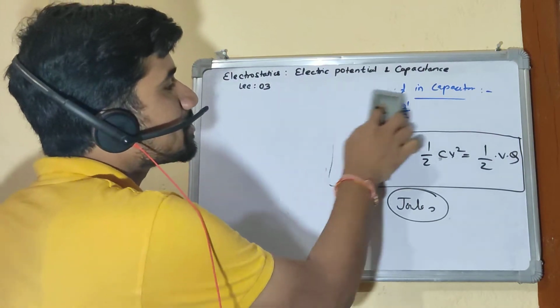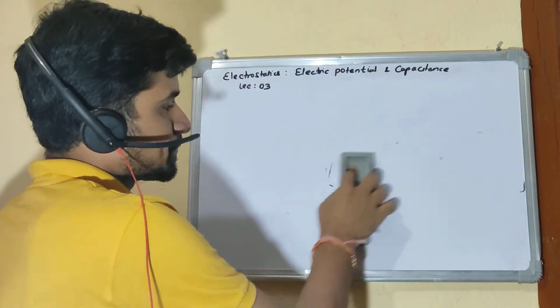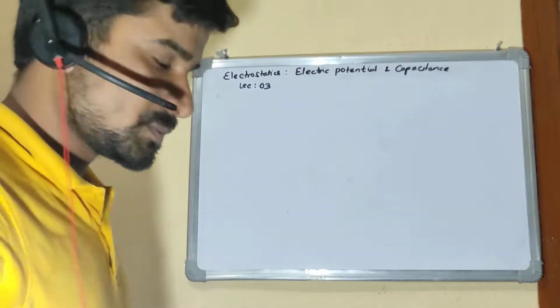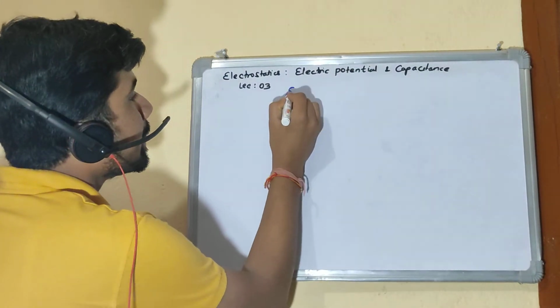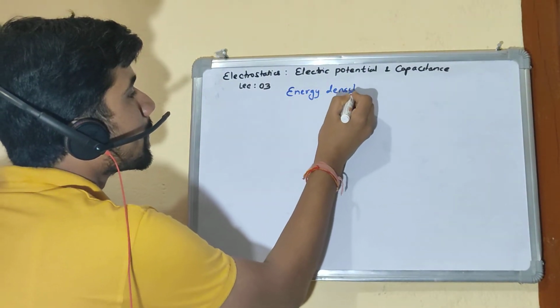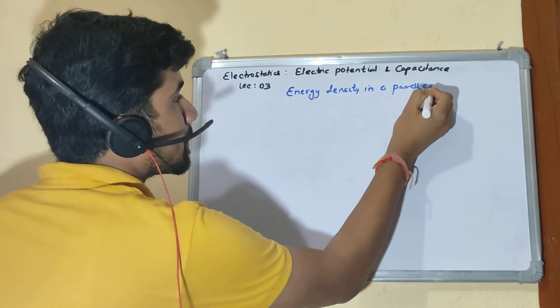Now let's discuss one more term, which is the energy density of a capacitor, and we will talk about this explicitly for a parallel plate capacitor. So the topic is energy density in a parallel plate capacitor.